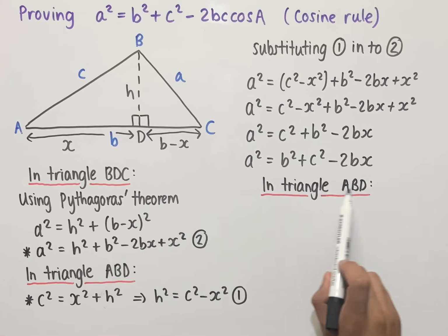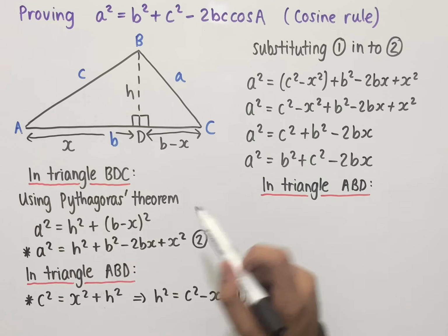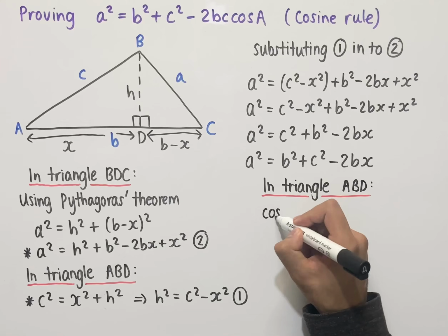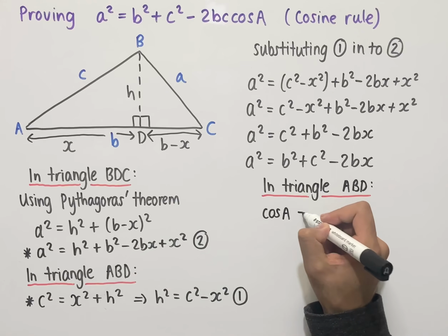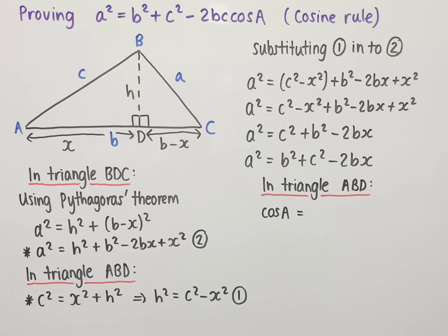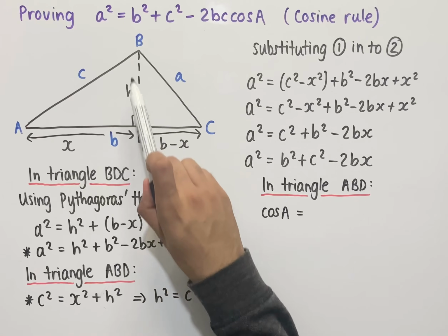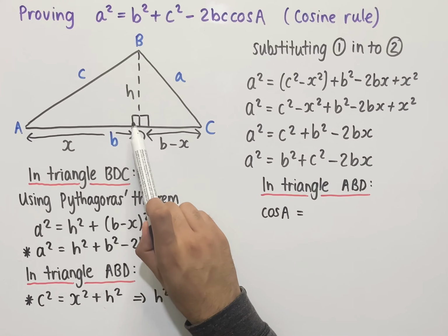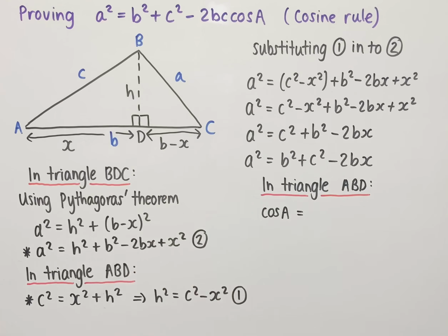And so in triangle ABD, we have cos a equals, so whenever we take cos of an angle, we look at the adjacent side over the hypotenuse. And we can only use trigonometry or SOHCAHTOA when we have right angled triangles. Since we have a right angled triangle here for ABD, we can use this.